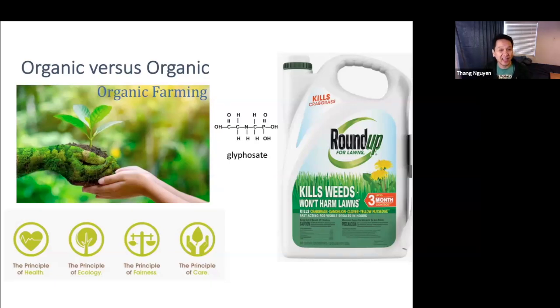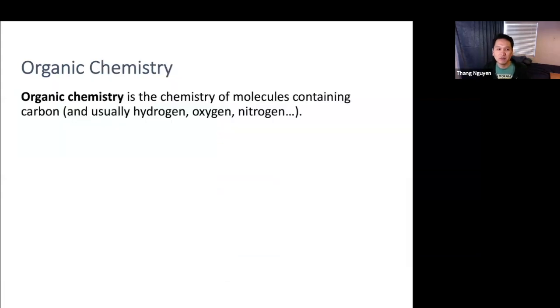Glyphosate is an organic compound according to chemists from the chemistry perspective, because anything that has a carbon in it is technically considered an organic compound. Usually it doesn't just have carbon, it would have hydrogens mostly, and then oxygen, nitrogen, sometimes sulfur also.